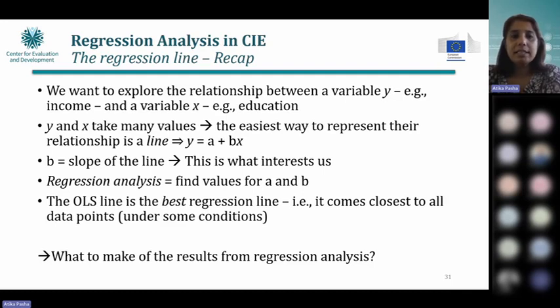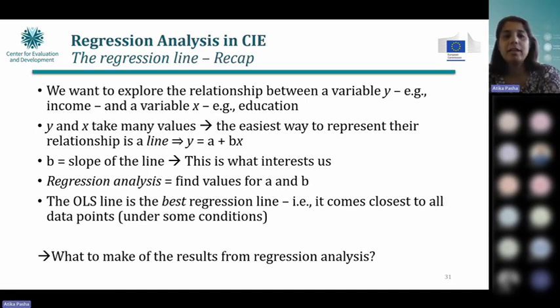Right, so what regression analysis allows us to do is find exactly the values for A and B in our case. And again, lastly, we chose a line. It's the most simple, intuitive way to express a relationship. And secondly, the choice of this particular line is only because it's the one that comes closest to all our data points.